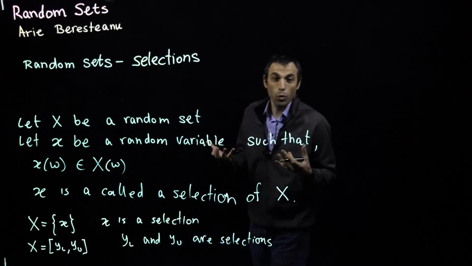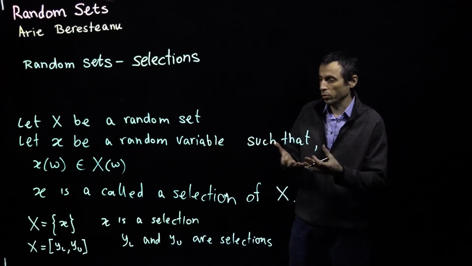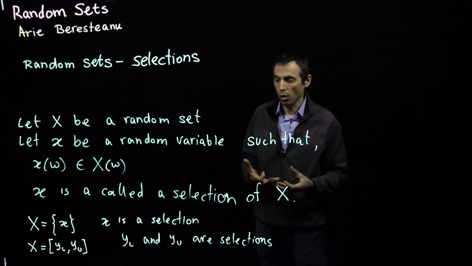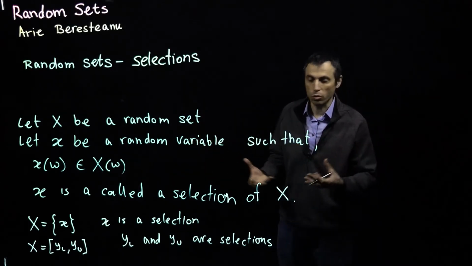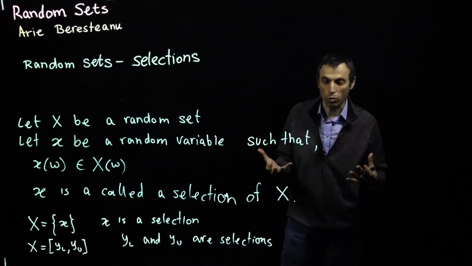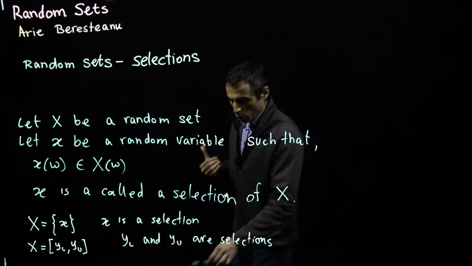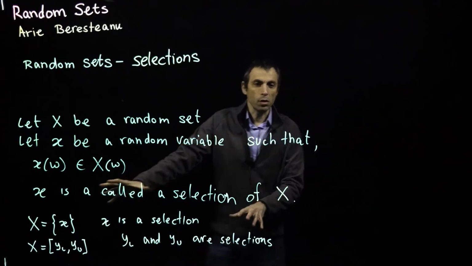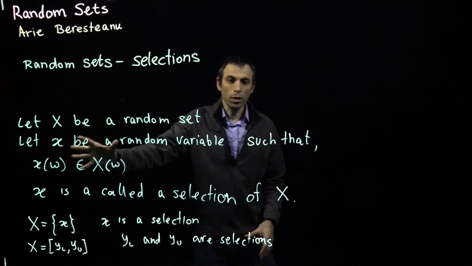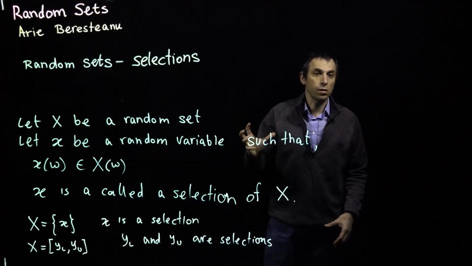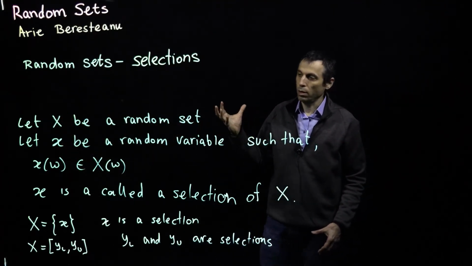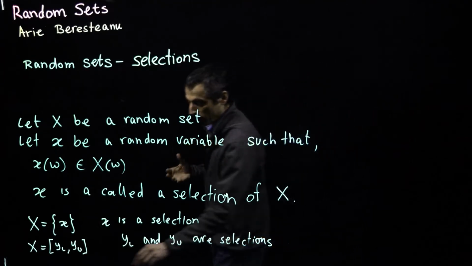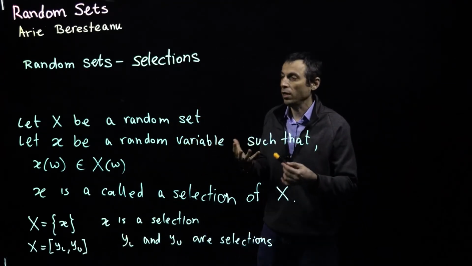And from what we know about random variables, the average of these two, or any convex combination of these two, will be a selection, and so on. So Aumann showed that not just for these two examples, but for every random set, there exists at least one selection. And therefore we can call the set of selections.